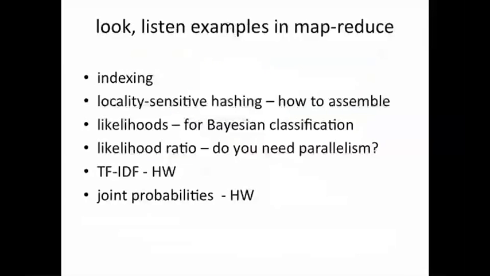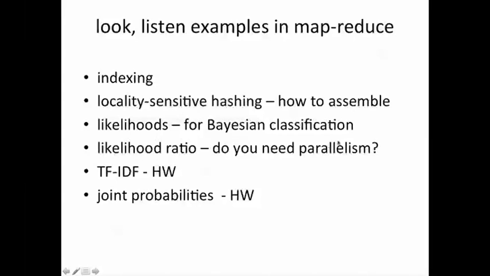Now let's look at some more examples such as those we've considered in the past few weeks. Indexing, locality-sensitive hashing, in particular how to assemble the results from many different hash functions, how to compute the likelihoods while coming up with a Bayesian classifier, and how to evaluate a Bayesian classifier to compute the likelihood ratio.